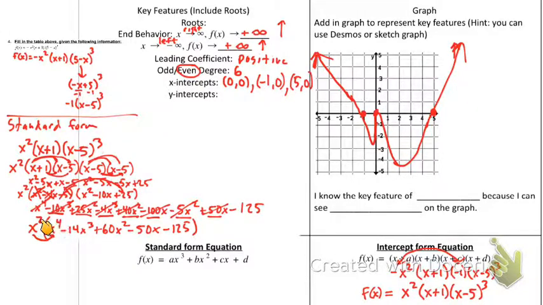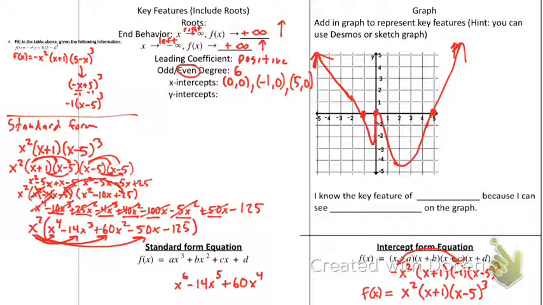That's going to be a total of 6 x's. x squared times negative 14x to the third. So that's negative 14, and how many total x's? A total of 5 x's. x squared times 60x squared, that's positive 60 with a total of 4 x's.